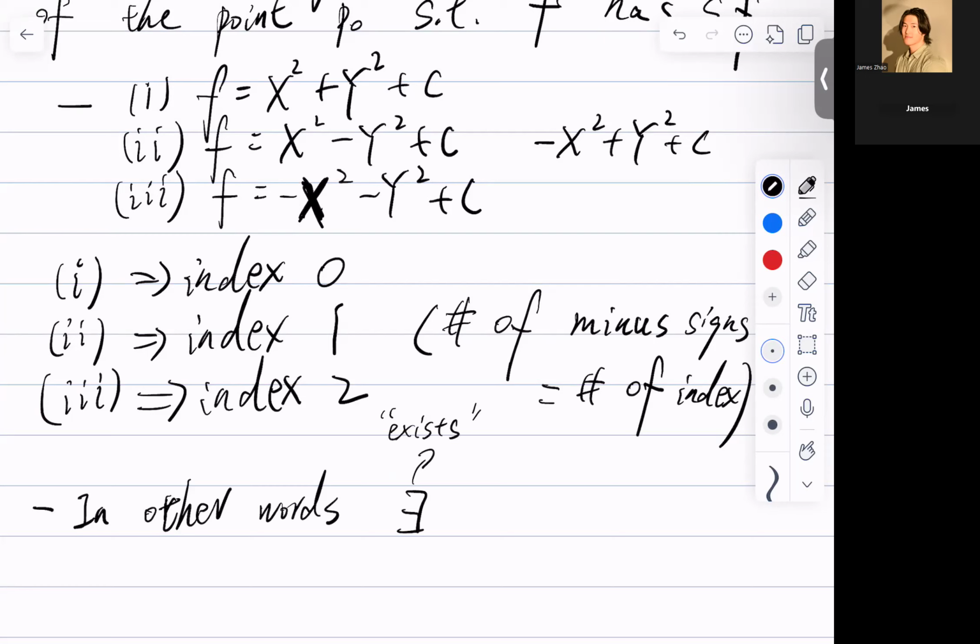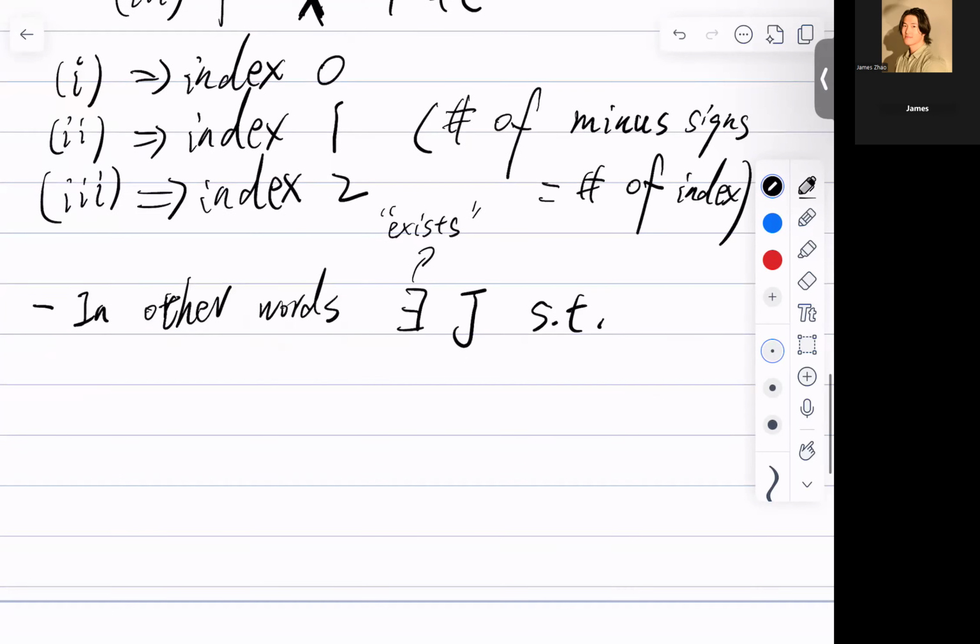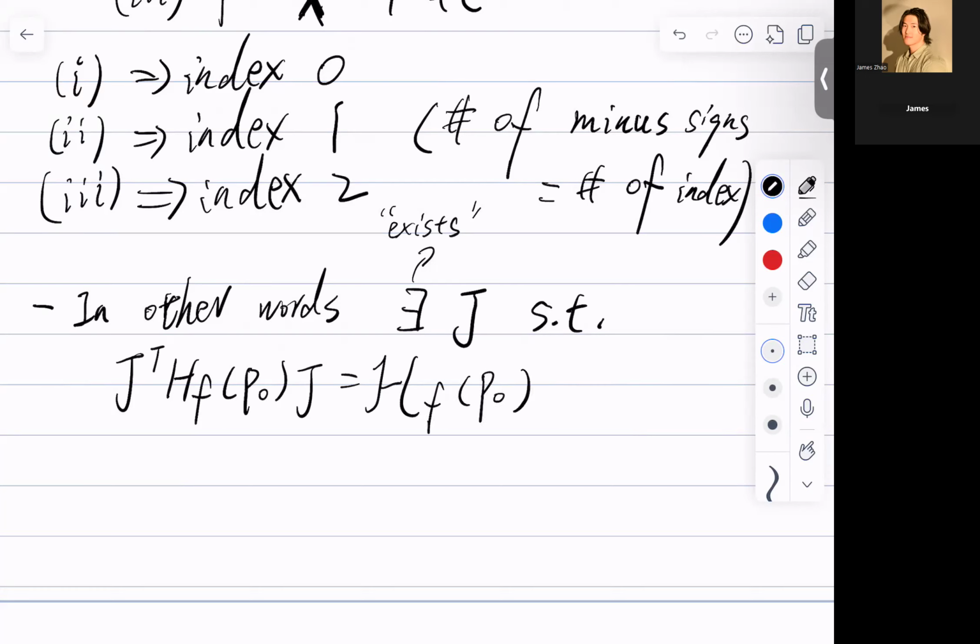So in other words, there exists a J, a Jacobian, such that in our previously mentioned coordinate transform lemma and our fancy H, we have this. This is a diagonal matrix.